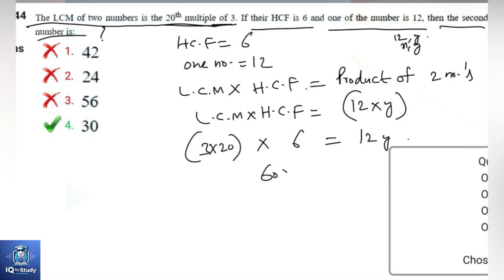It becomes 60 into 6 is equal to 12y, and y is equal to 30. So the second number is equal to 30.